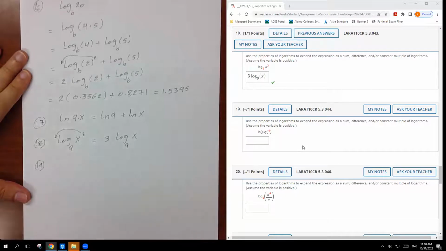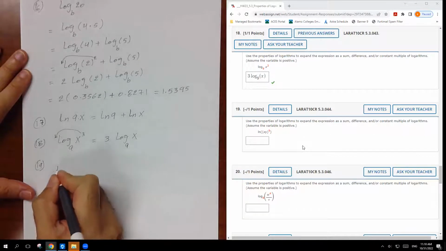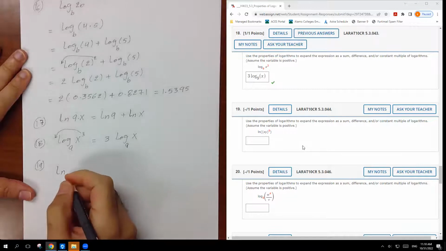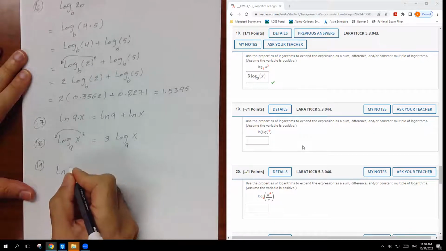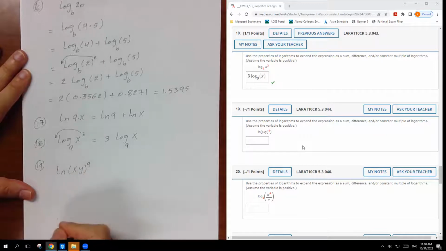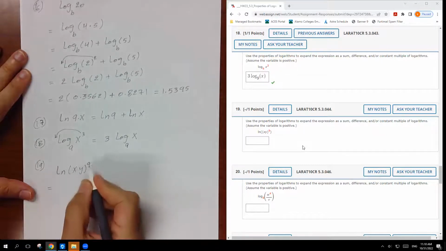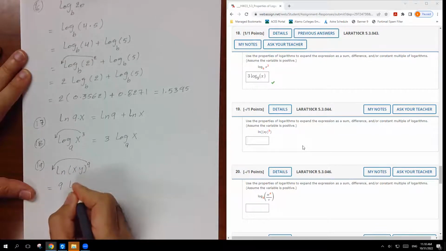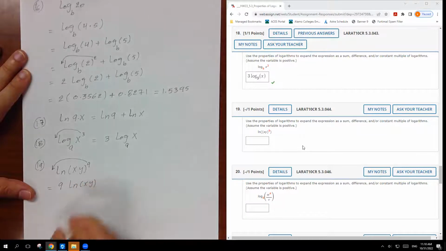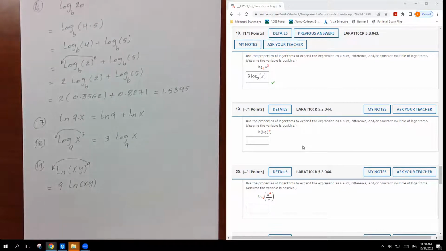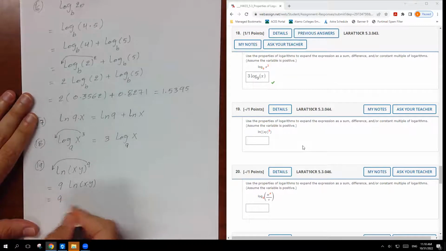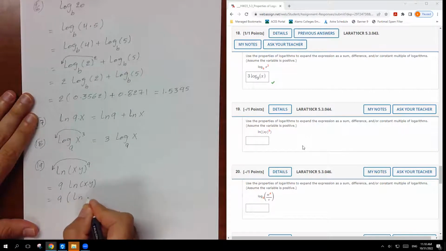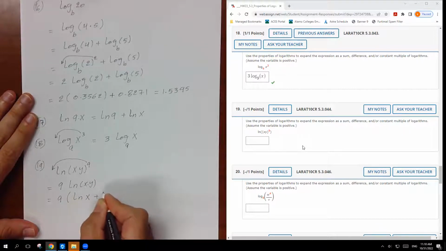You got it right. Example 19, we have ln of xy to the exponent 9. So the first thing, I have exponents. I'm going to use the power rule or power property. So it's going to be 9 ln of xy. Ln of xy means ln of x times y. So what we're going to do here is 9, open parentheses, ln x plus ln y.